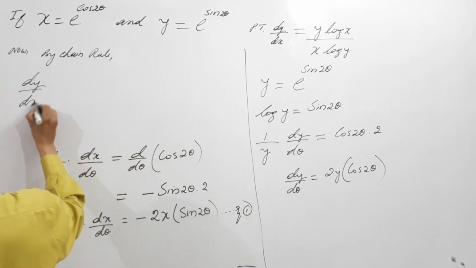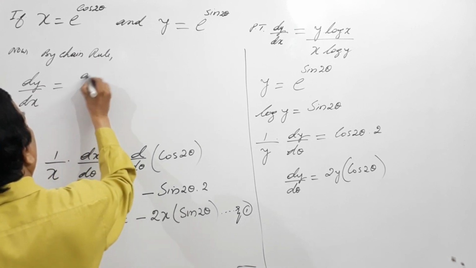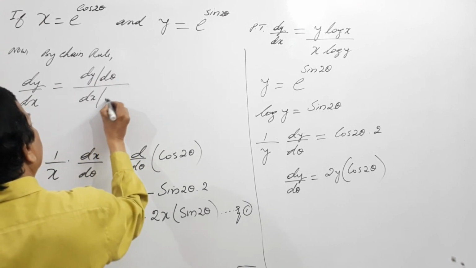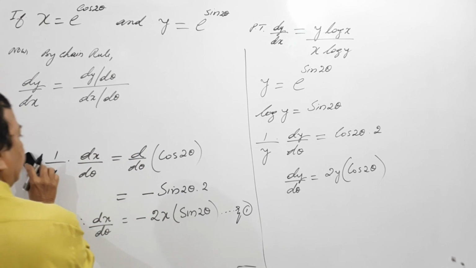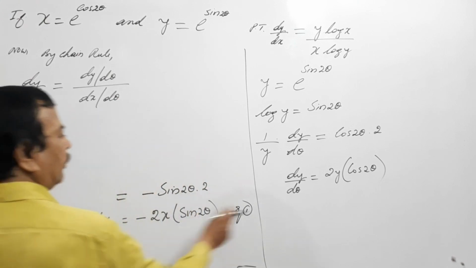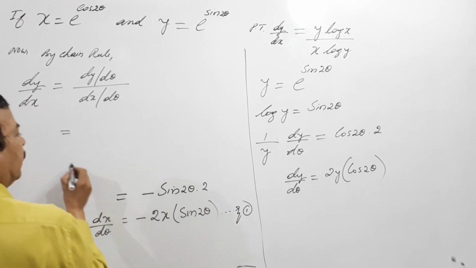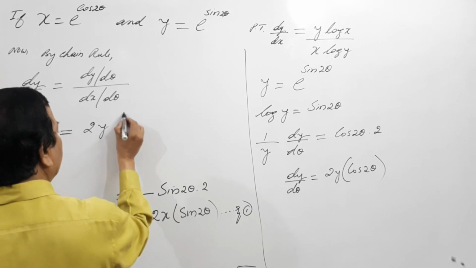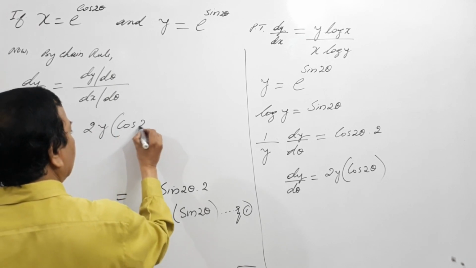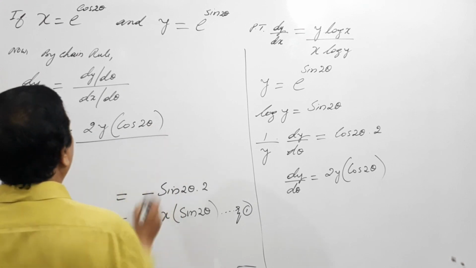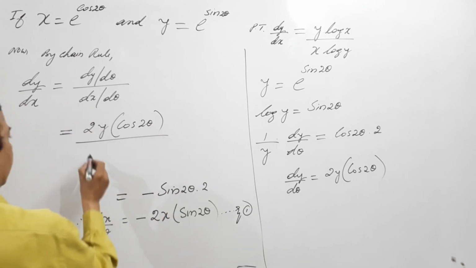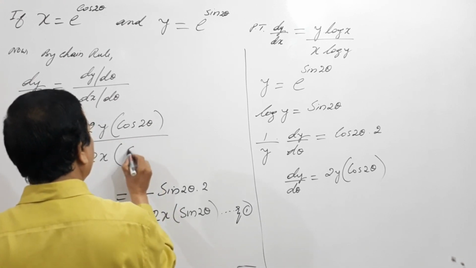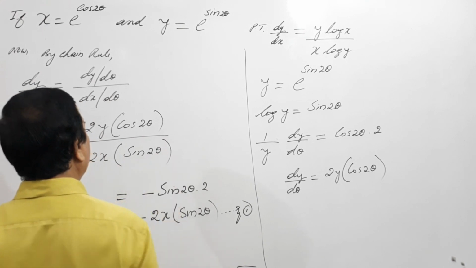By chain rule, dy by dx equals dy by d theta divided by dx by d theta. What is dy by d theta? That is nothing but 2y into cos 2 theta, divided by dx by d theta, which is minus 2x into sin 2 theta.